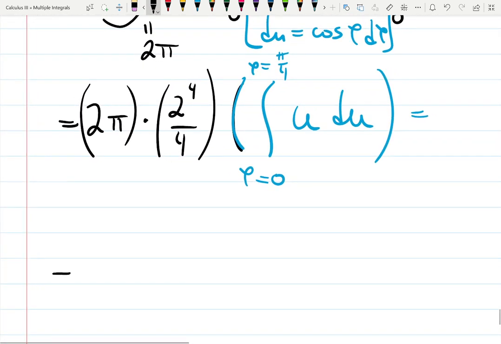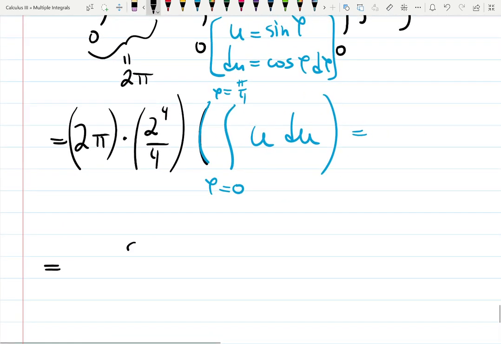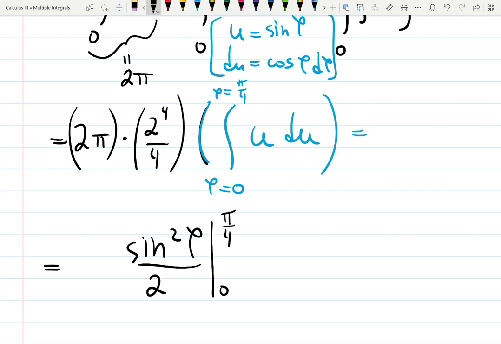If you don't change limits of integration, then when you go back, which is u squared over 2, you have to go back to the function with phi. Sine squared phi over 2 from 0 to pi over 4. 2 pi. 2 and 4 cancel out. What is 2 to the 4 over 2? 32 divided by 2. 16 pi outside.